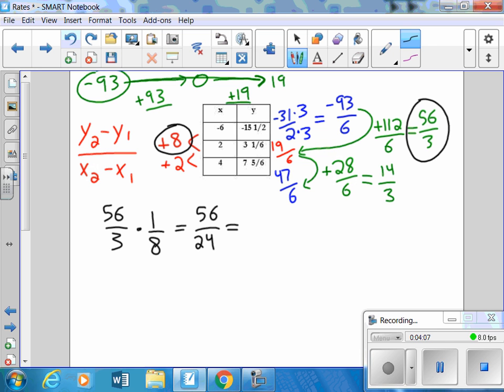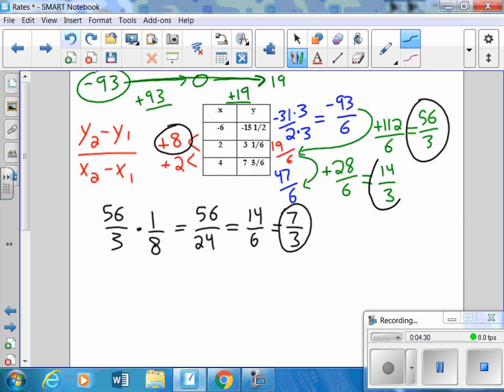And then we just reduce the fraction if we can. I believe 4 divides into 56 and 24 evenly. 56 divided by 4 is 14. 24 divided by 4 is 6. And then you can divide each of those numbers by 2, so it'd be 7 over 3. 7 over 3 should be the rate of change, but let's check.